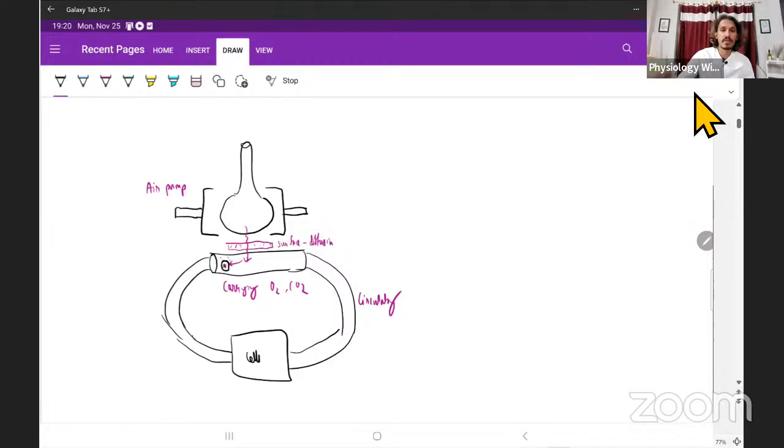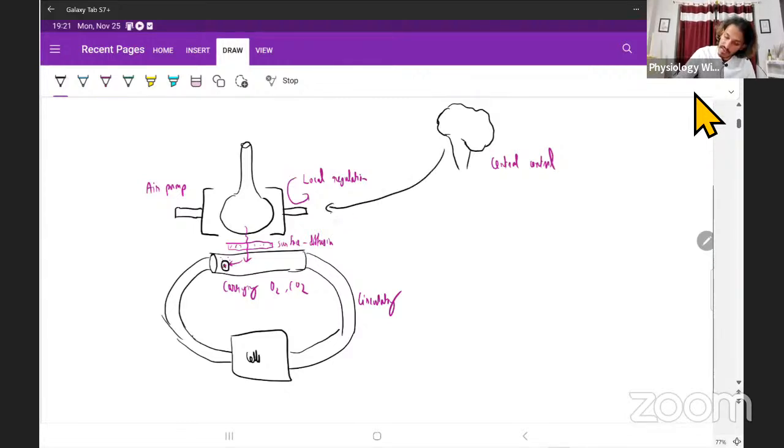We need some sort of local mechanism over here where regulation can happen. And we also need some sort of a central mechanism in the brain where some degree of central control can happen, which can again influence this by feedback mechanism.